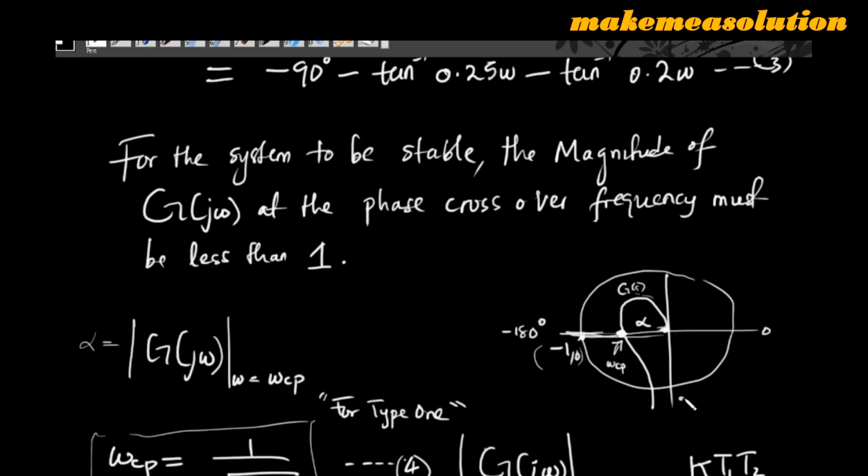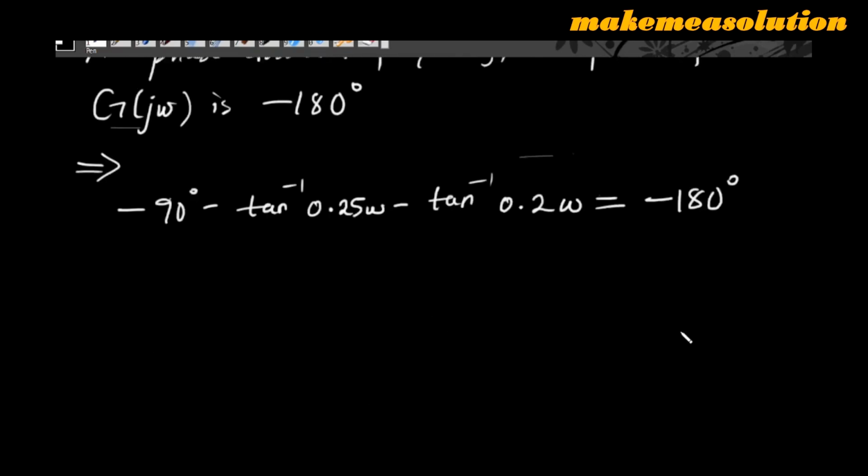This is 0 degrees, this is 90 degrees, this is minus 270 degrees, and this is the minus 90 degrees line. So at WCP, the angle of J of J omega is minus 180 degrees because it is lying on this line.